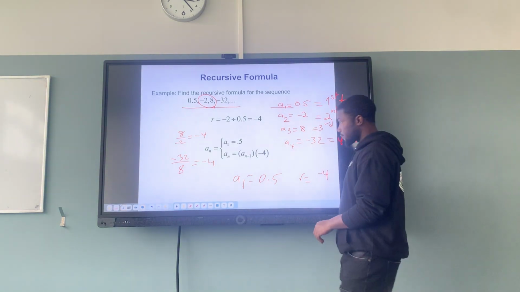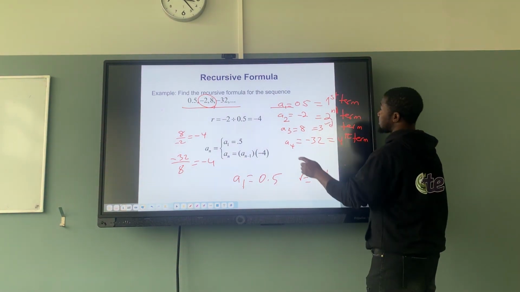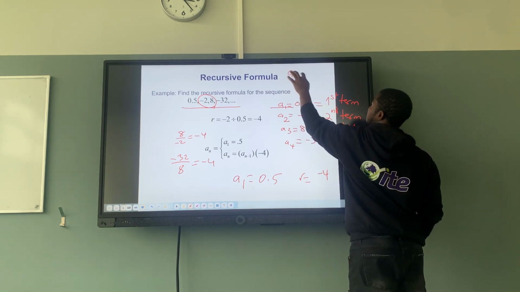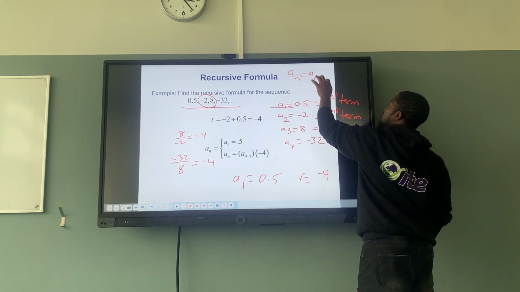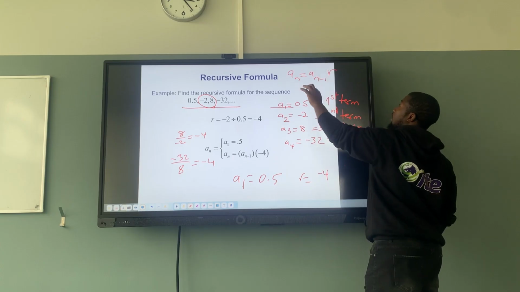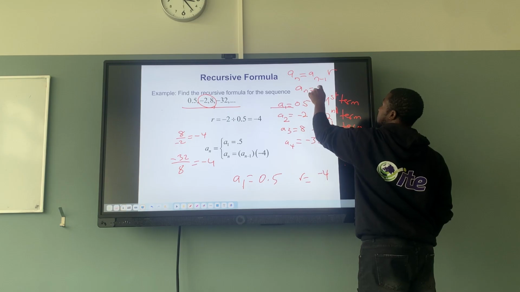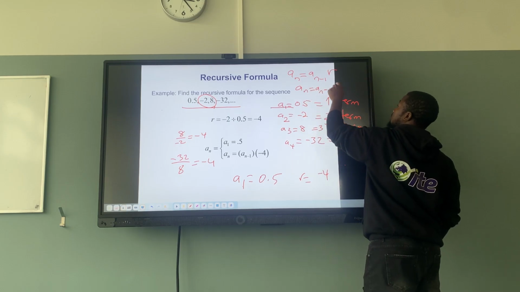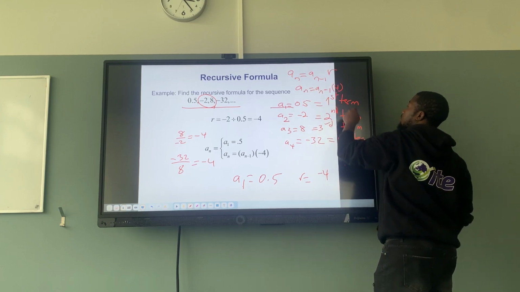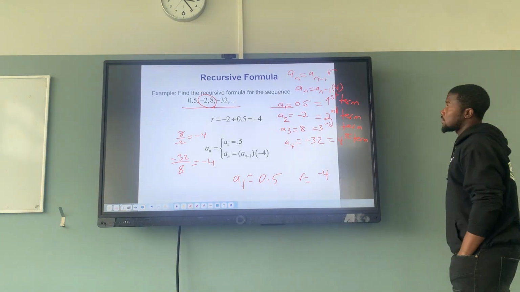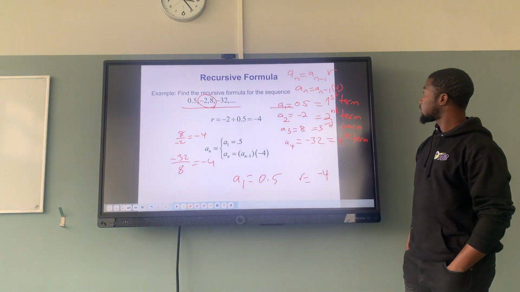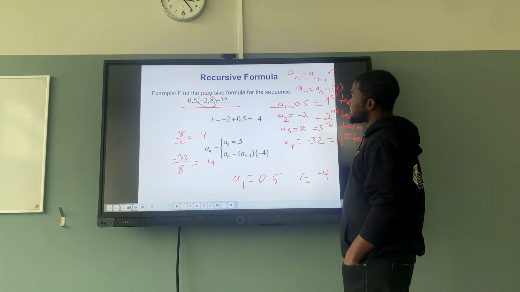So always, the nth term is equal to a sub n minus 1 times r, the common ratio. In this case, a sub n is equal to a sub n minus 1 times minus 4, because the common ratio is minus 4.